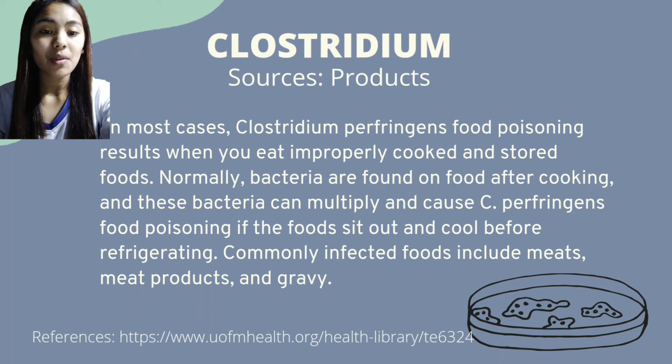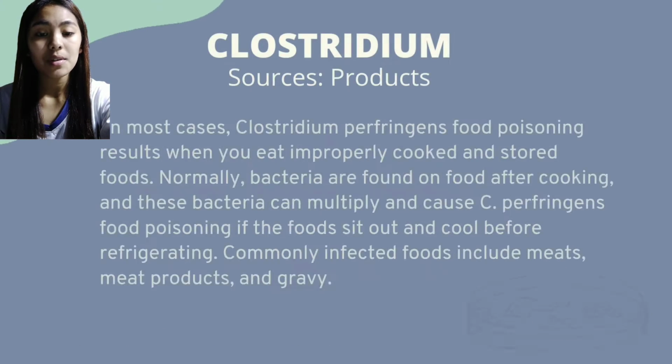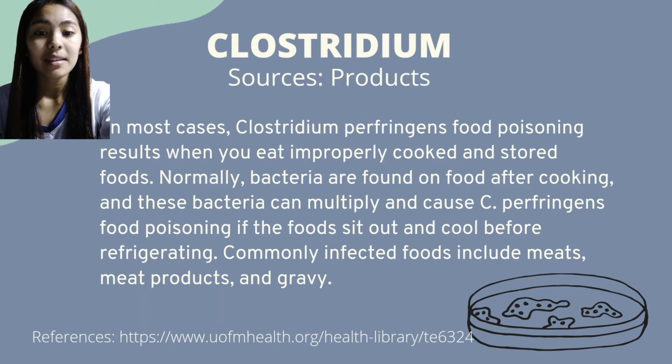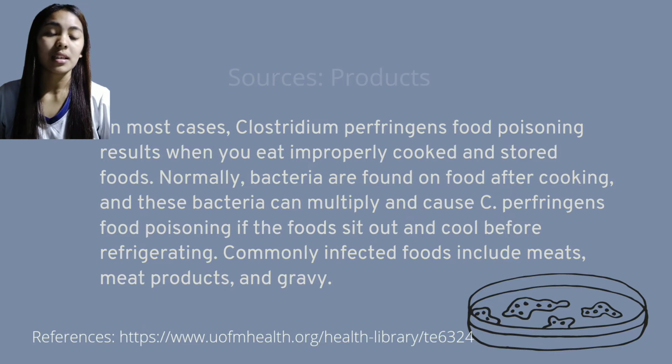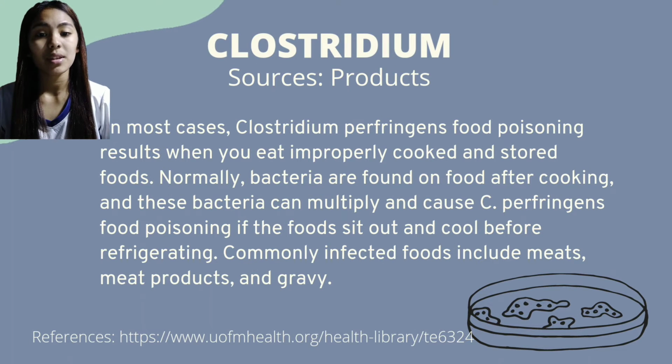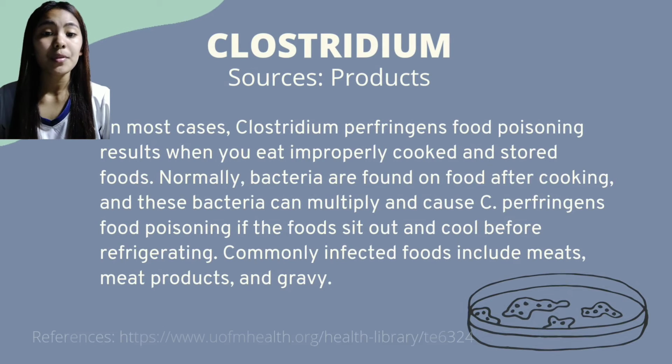The third microorganism is the Clostridium. So there are three sources. The first source is the product. In most cases, Clostridium perfringens food poisoning results when you eat improperly cooked and stored foods.